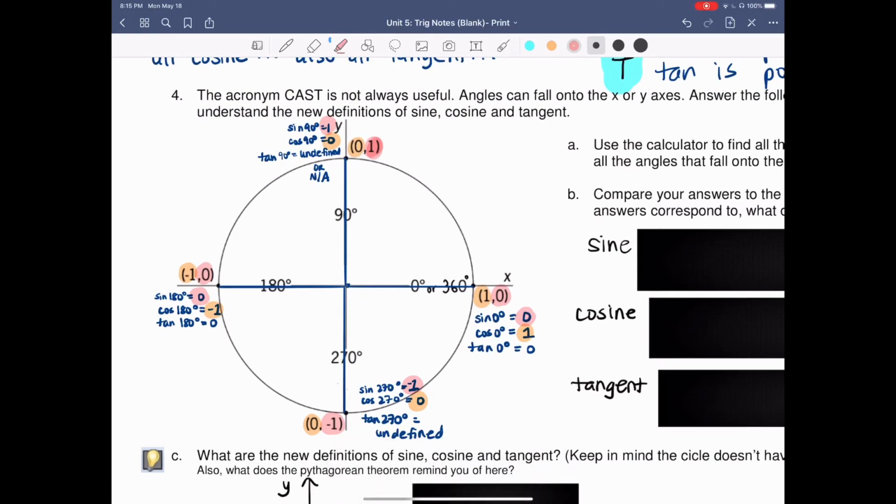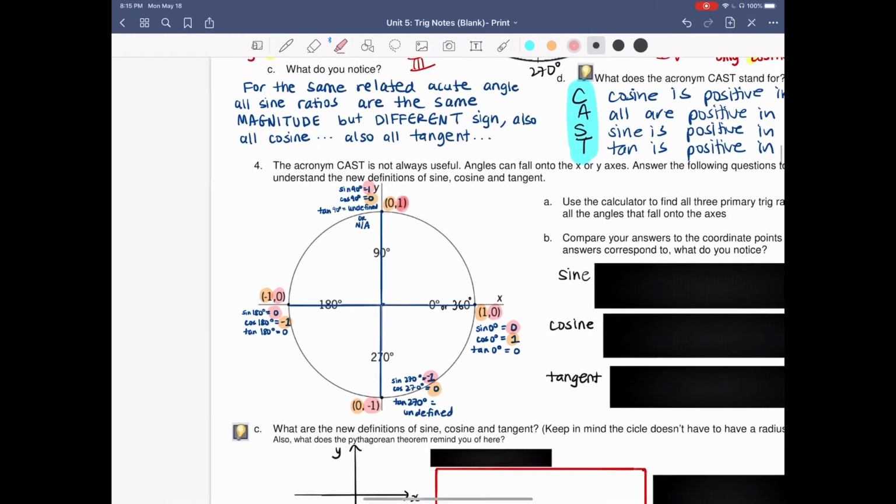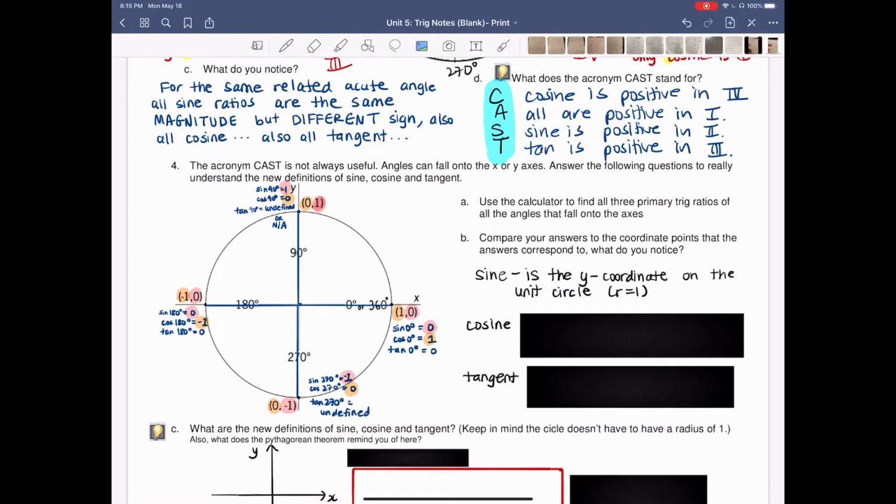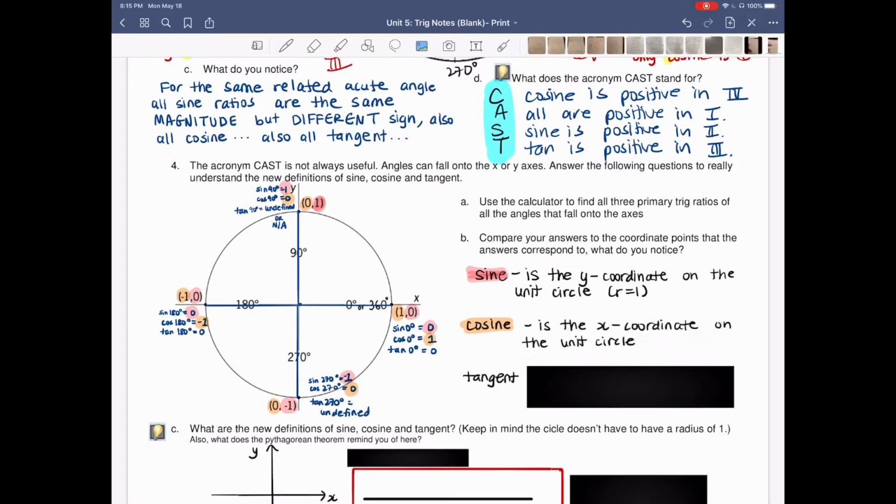Do you notice the connection between sine and one part of the coordinate and cos and one part of the coordinate? So what you should be noticing is that for cosine, let's say, okay, that is my pink part. The sine is the y-coordinate on the unit circle given that the radius is equal to 1. Meanwhile, for cosine, you could probably now see the connection that it is the x-coordinate on the unit circle when the radius is equal to 1.